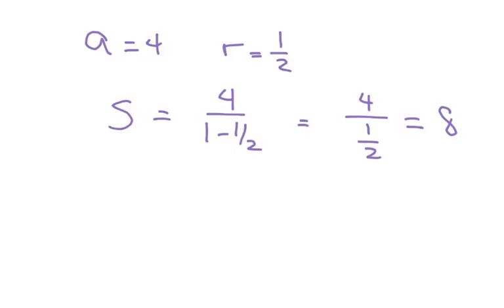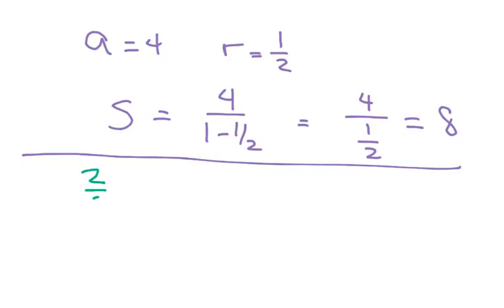Okay, and let's do one where they just give you a list of some numbers. The first term is 2/9, plus 5 over 27, plus 25 over 162.